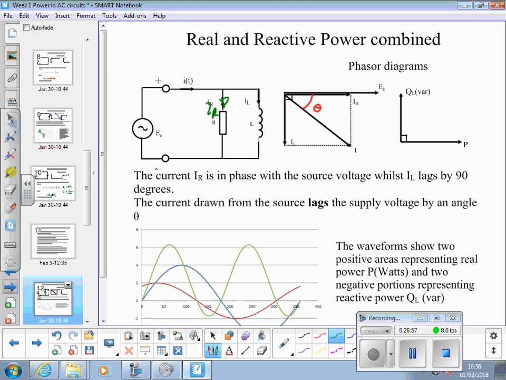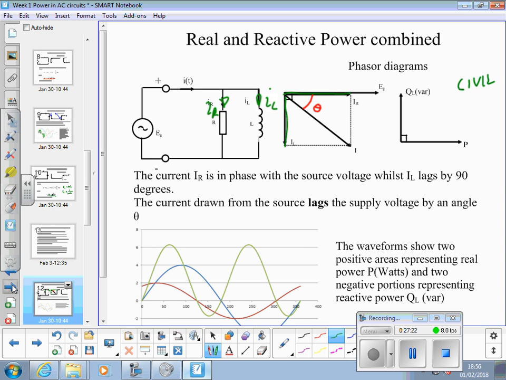Sorry, a resistive current IR there, an inductive current IL there. Okay, there's the resistive current in the phasor diagram. There's the inductive current. CIVIL, lagging, got it lagging.